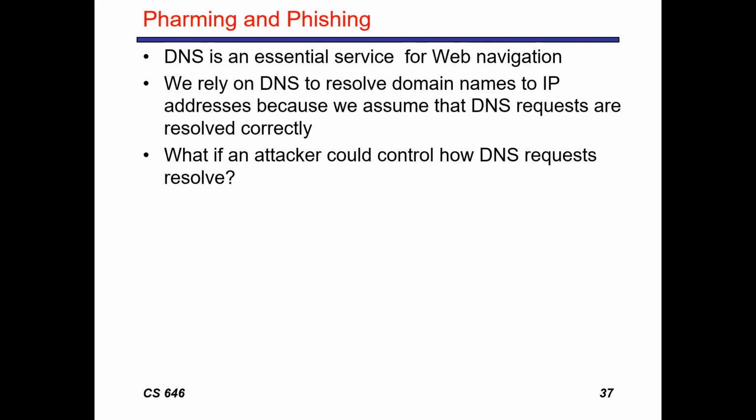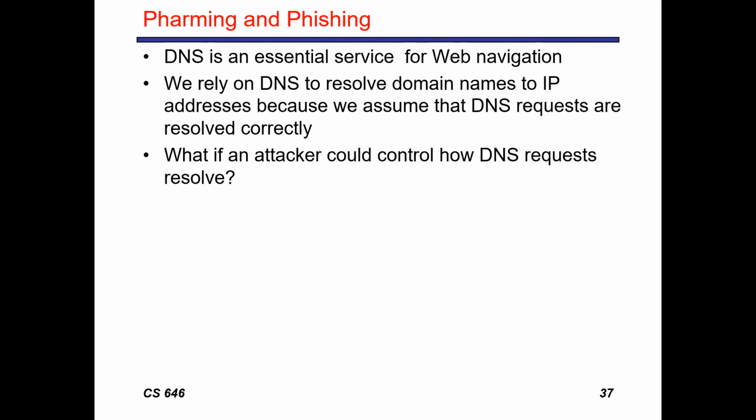This information is critical because if the DNS query that you're sending to resolve the domain name into a certain IP is not correctly resolved and is resolved to some other IP address, it means that your request will be redirected to the other IP address that has been resolved by the DNS server. And so we basically assume that the DNS requests that we are sending are resolved correctly. This is the default understanding about the DNS protocol.